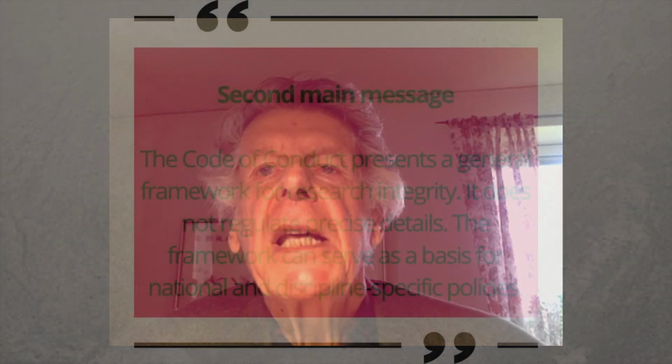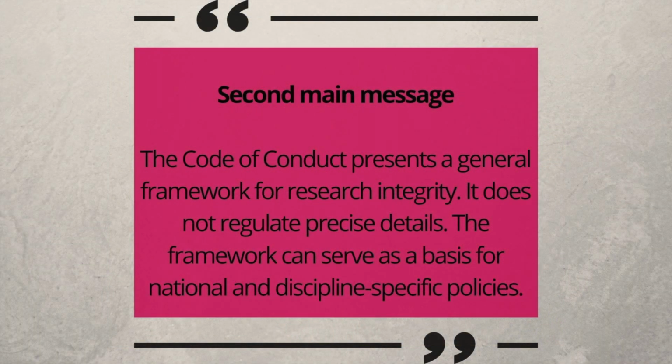My main message here is that the Code of Conduct presents a general framework for research integrity. It does not regulate precise details. The framework can serve as a basis for national and discipline-specific policies. And I want to make 3 brief comments to this message. First, the general goal is to create a supportive climate for research integrity and research ethics.